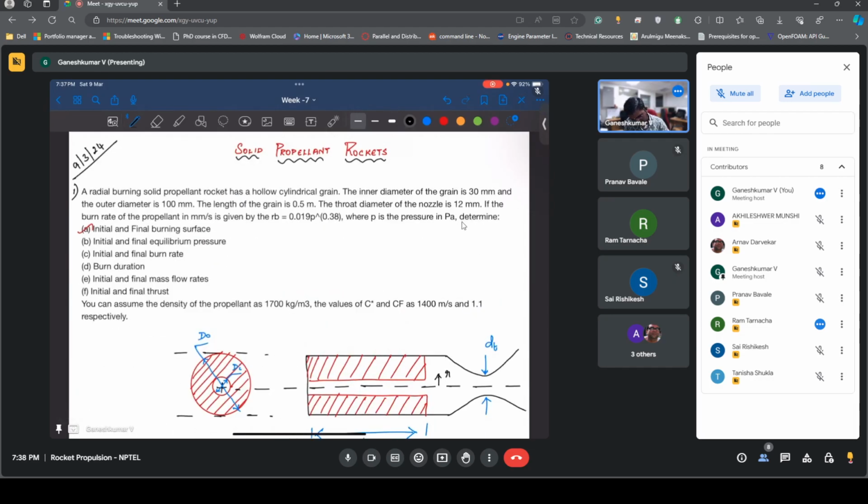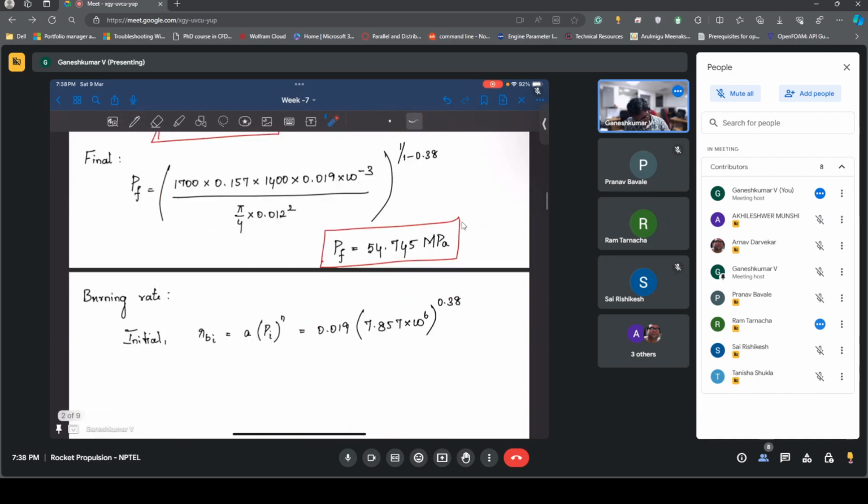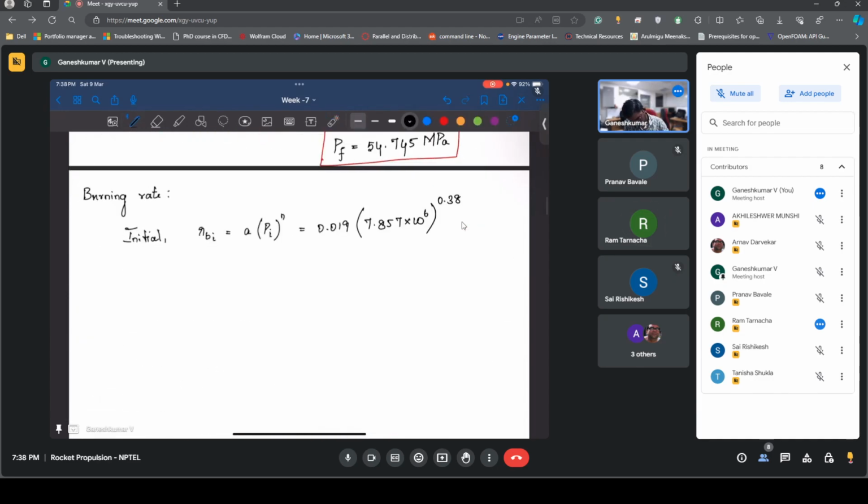This is given in pascals, so no need to worry. And then you will also find the final burning rate, basically 0.019 into 54.745 into 10 power 6 whole power 0.38. So how much is this coming out to be?